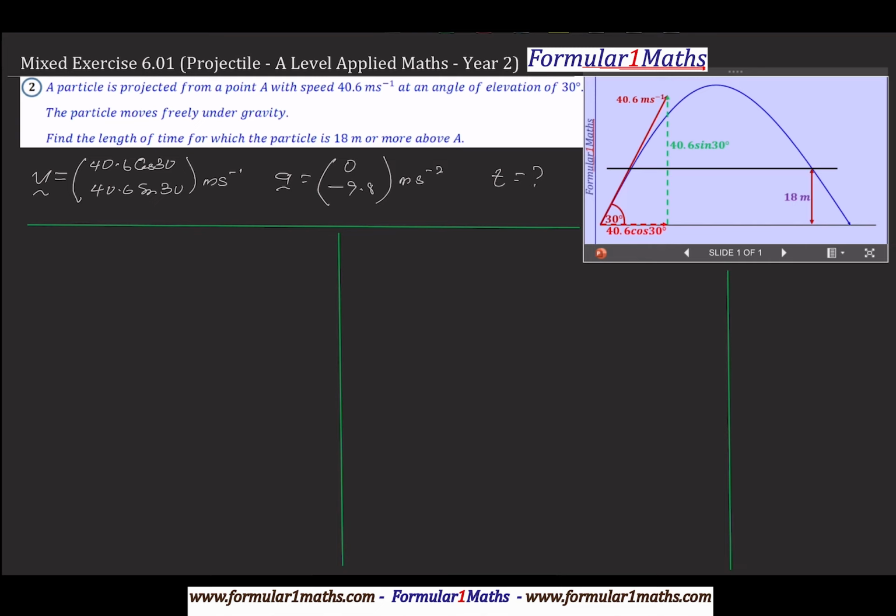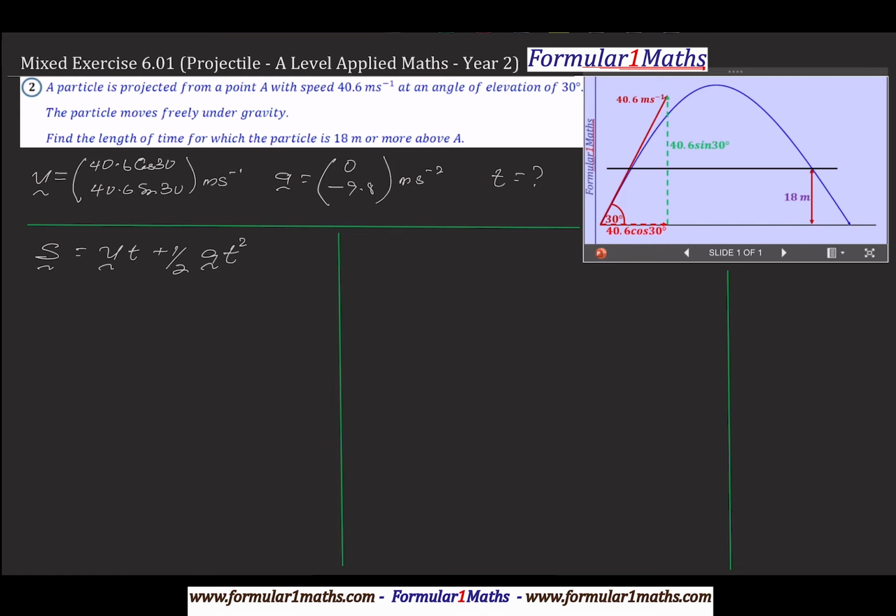So I'm going to use the vector form of the equation s equals ut plus half at squared. So s is equal to ut plus half at squared. We're going to do our substitution.